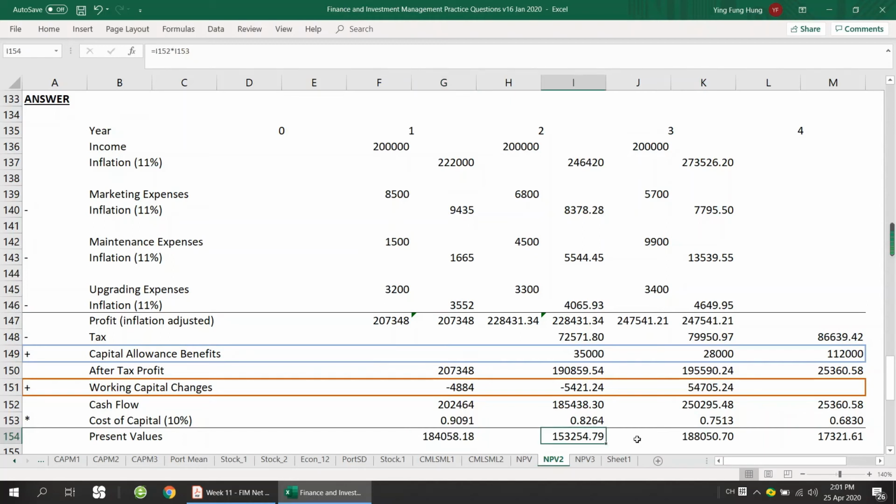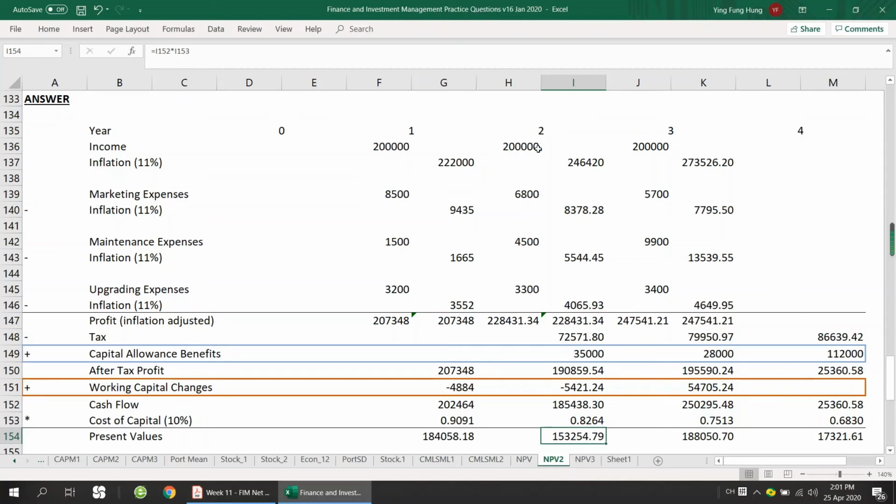For year 2, we take the cash flow in year 2, which is 185.438 thousand, and we multiply this by the discount factor of 0.8264, which will give us a present value of 153.25479 for year 2.